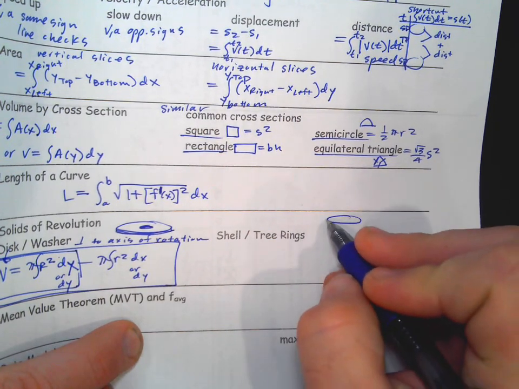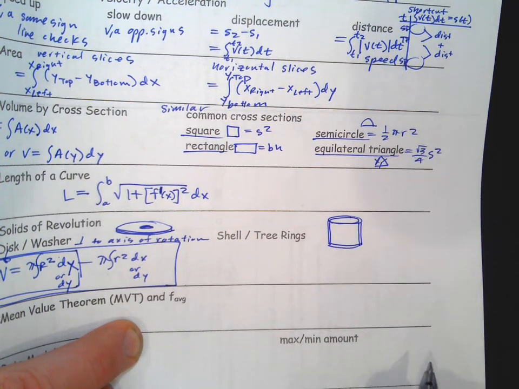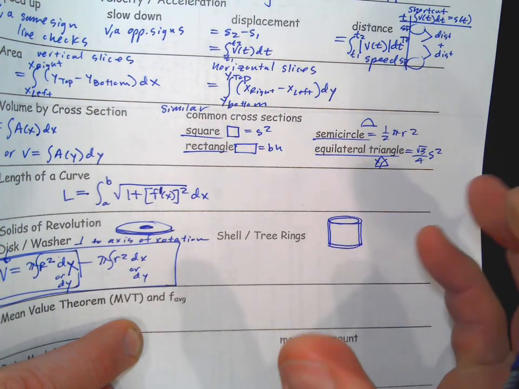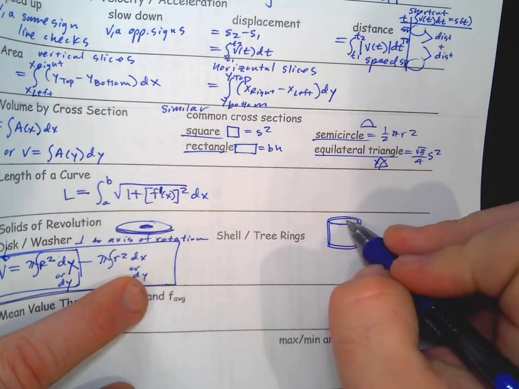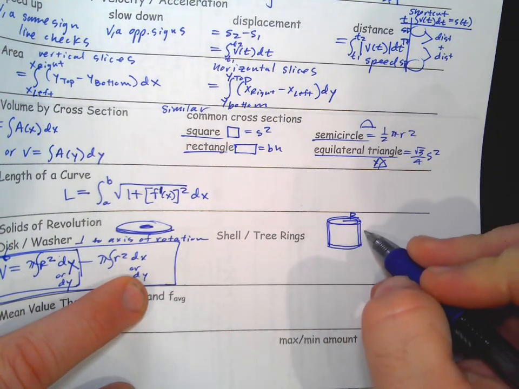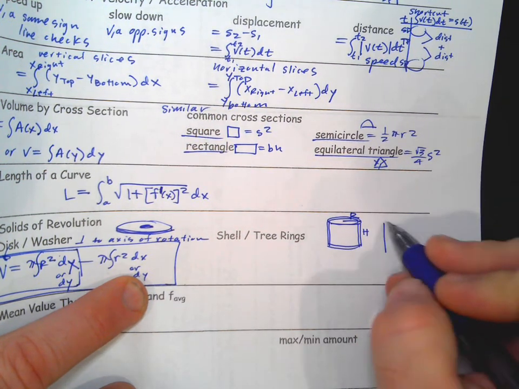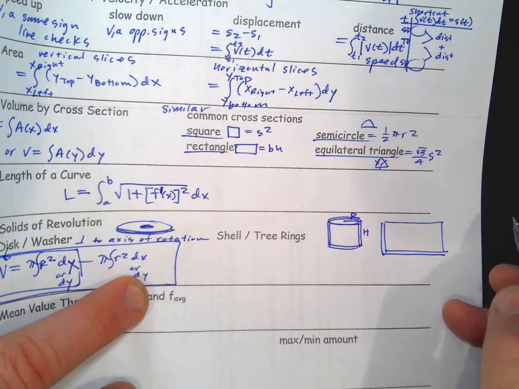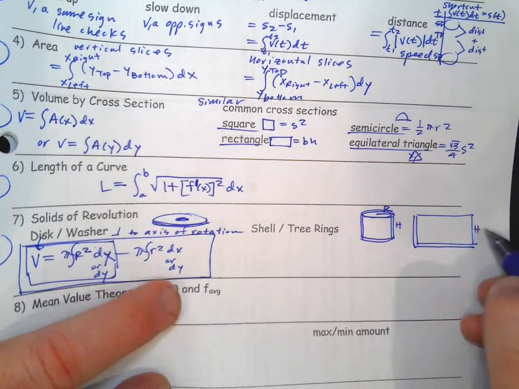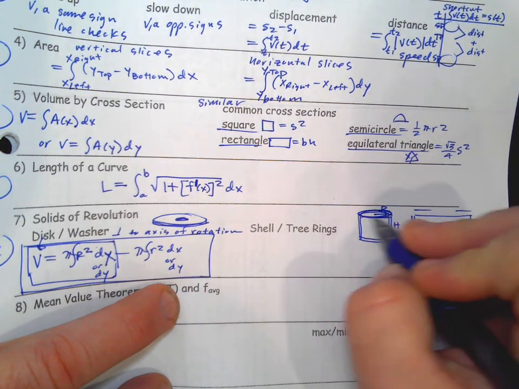Shells, or tree rings, if you want to associate them with something that maybe you understand, are these nested shells. Now they each have a radius and a height, and if you cut it open, you get a rectangle, and it has the height, but this distance right here is actually the distance around the top edge.